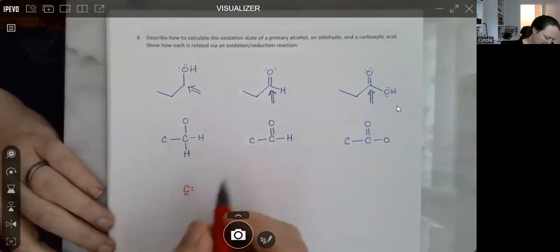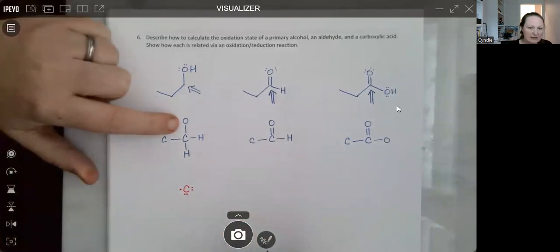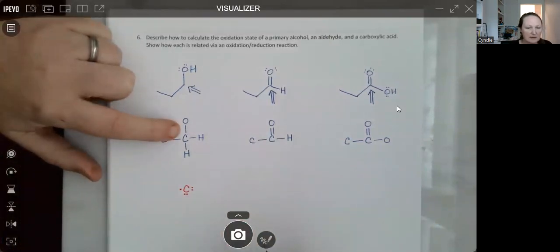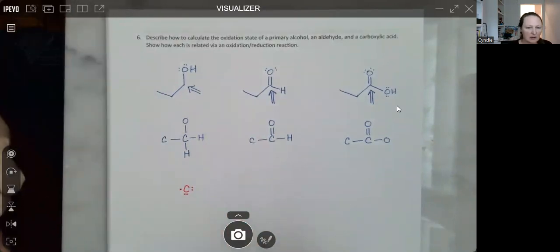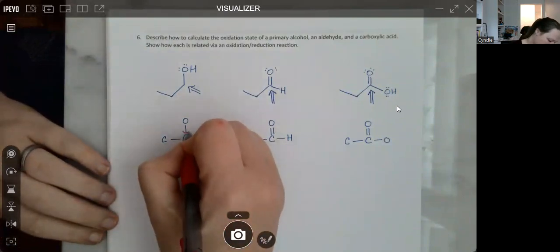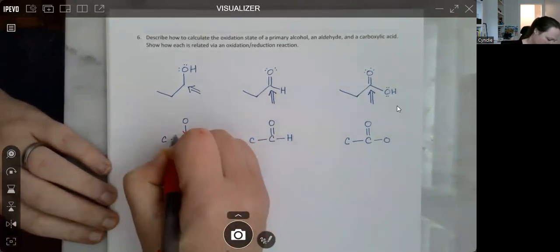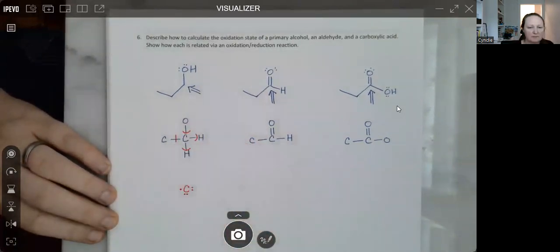It will take 1 from the carbon-carbon bond, 50-50 split, and then the oxygen is actually assigned both electrons in this bond because oxygen is more electronegative than carbon. So you can think of it as oxygen has those 2, carbon has these 4, and we're going to do a 50-50 split here, right?